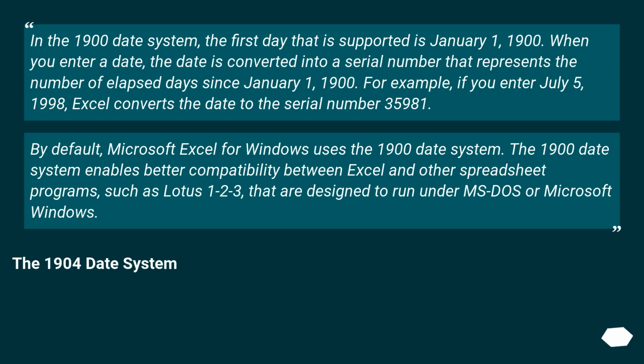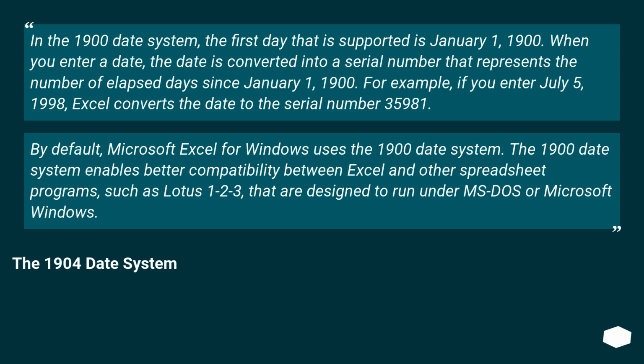When you enter a date, the date is converted into a serial number that represents the number of elapsed days since January 1, 1900. For example, if you enter July 5, 1998, Excel converts the date to the serial number 35981.